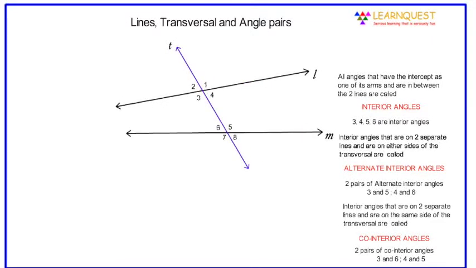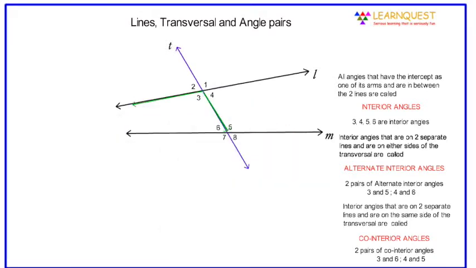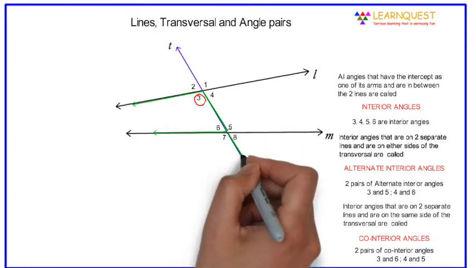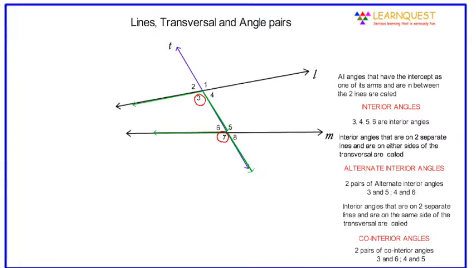Let us look at a pair of angles, angle 3 and angle 7. And let us observe these angles with respect to their positions. First, we are going to compare the positions of these angles with respect to the transversal. We can see that both of them are on the same side of the transversal, that is the left hand side. Now let us compare their position with respect to lines.